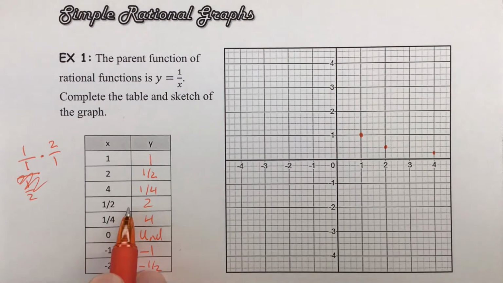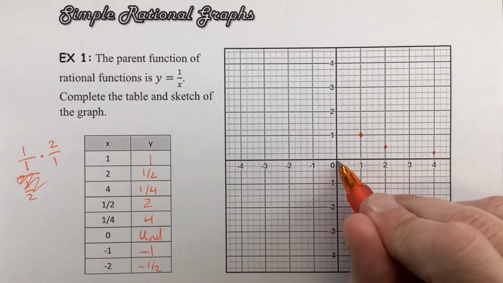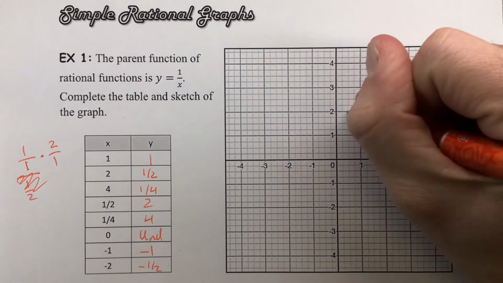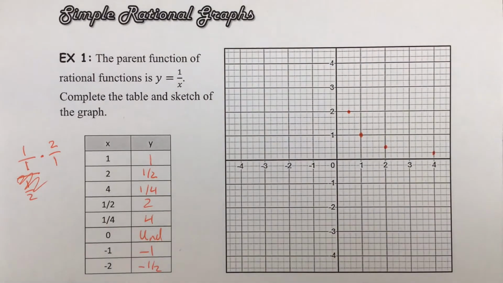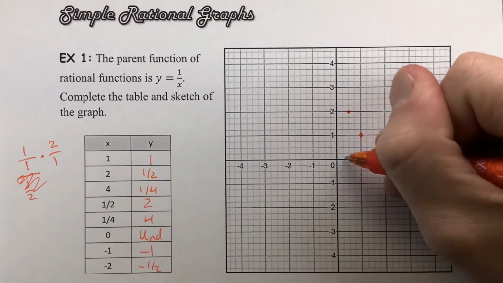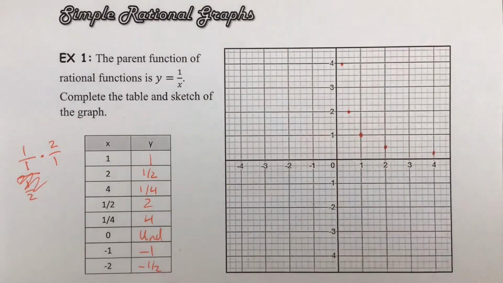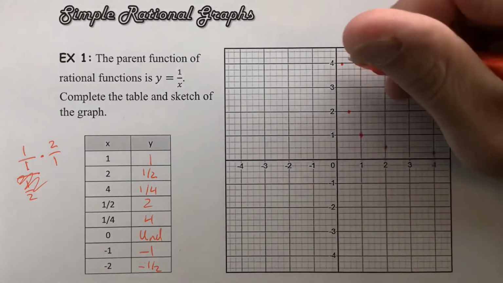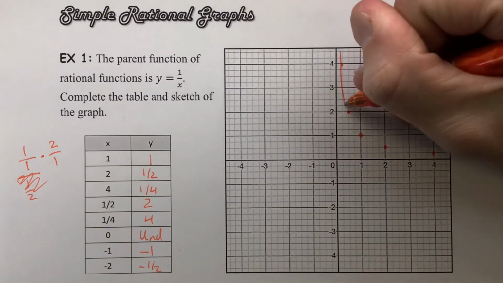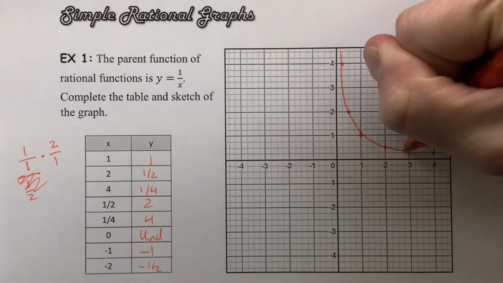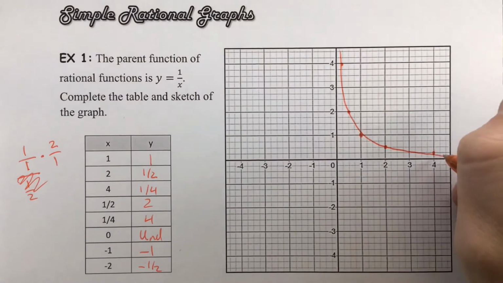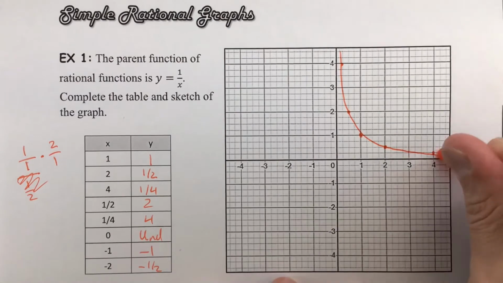At 1/2, you get 2. So 1/2 goes up to 2. 1/4 gives you 4. And we start to get this shape. Let's fix that part right there.